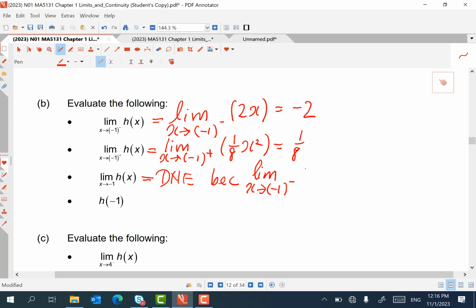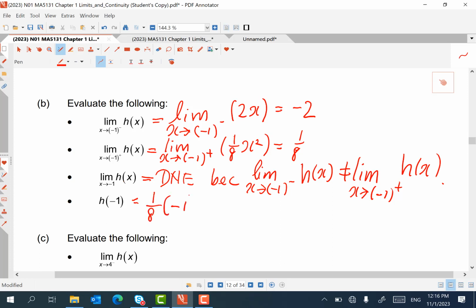You need to have this habit of writing it down. You must say the reason clearly. And then when x is -1, according to the definition of the function, this becomes 1 over 8 minus 1 squared, therefore 1/8.